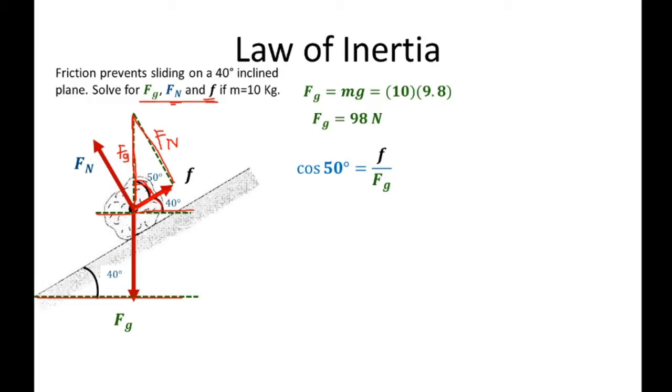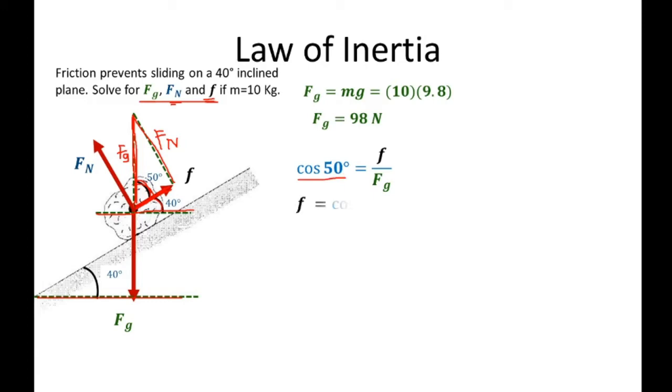So F is adjacent to the angle. So we can use adjacent over hypotenuse, because the hypotenuse here is given, which is equal to Fg. So we now have cosine 50 is equal to friction divided by force of gravity.